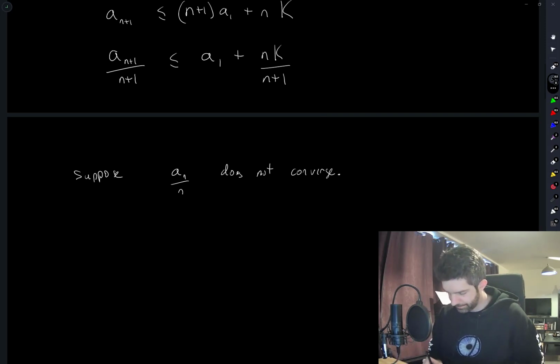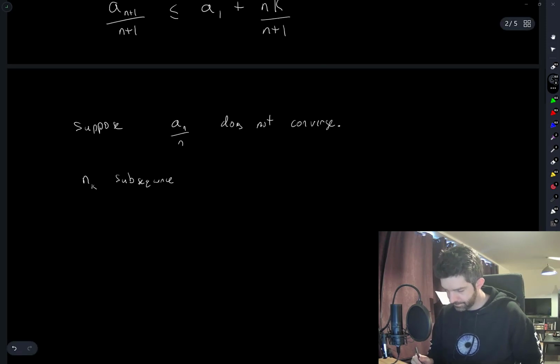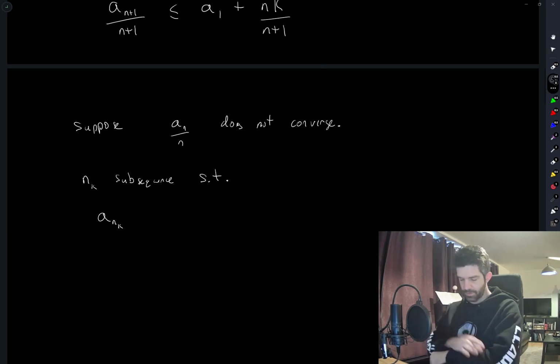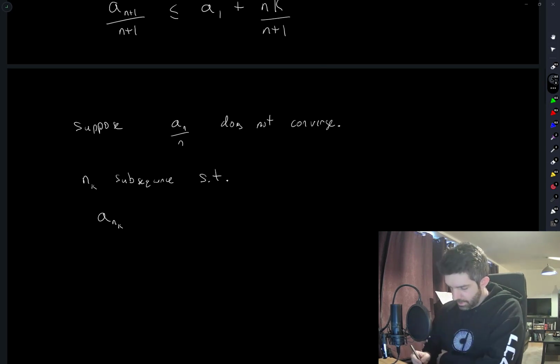Okay, then there should be a subsequence, we'll call it n_k, such that a_{n_k} is bigger than something of this form.